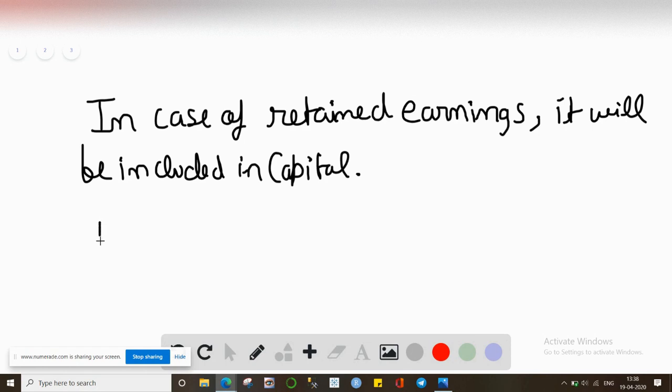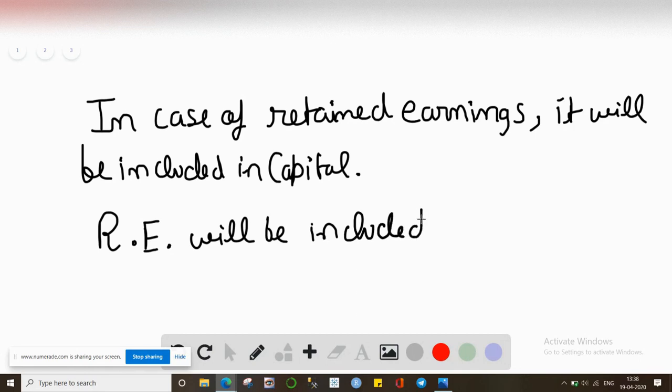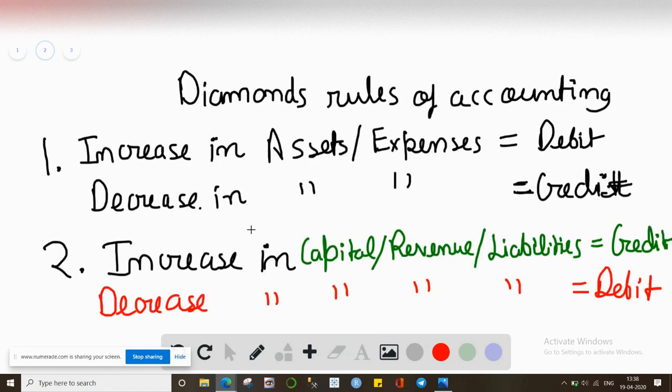So retained earnings will be included in capital. From our diamond rules of accounting, you can see whenever there is an increase in capital, there will be a corresponding credit, not a debit.